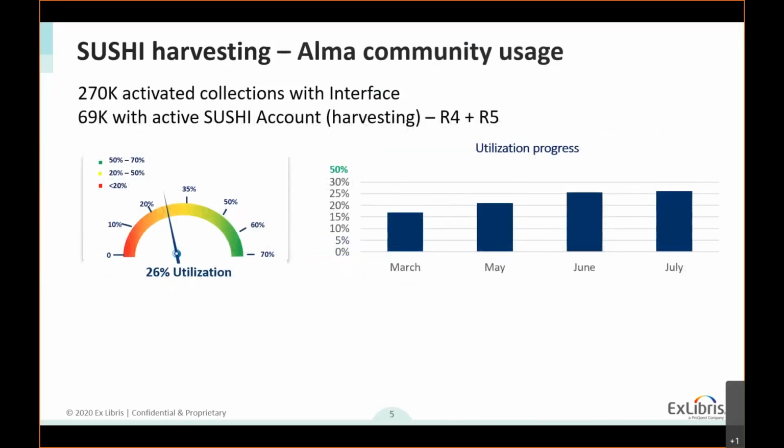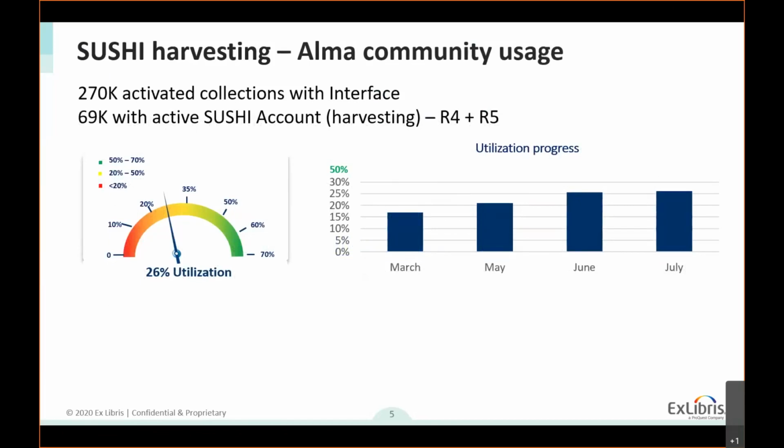A little bit about the community usage. In order to see how the community is using this SUSHI functionality, since we invested a lot of effort in developing Counter 5 especially, we took the liberty of looking at, of course, anonymized data. We looked at the number of collections which are currently in all of Alma institutions and have a platform parameter.